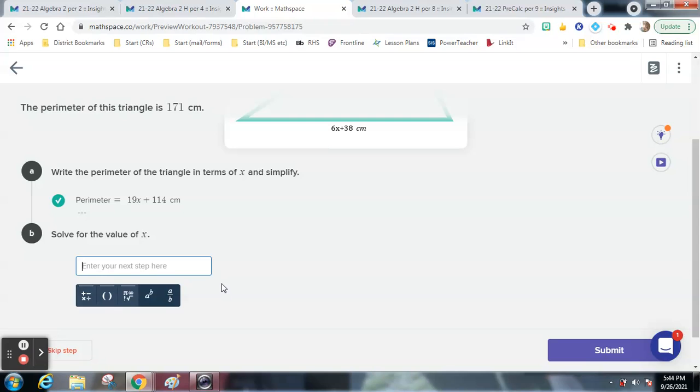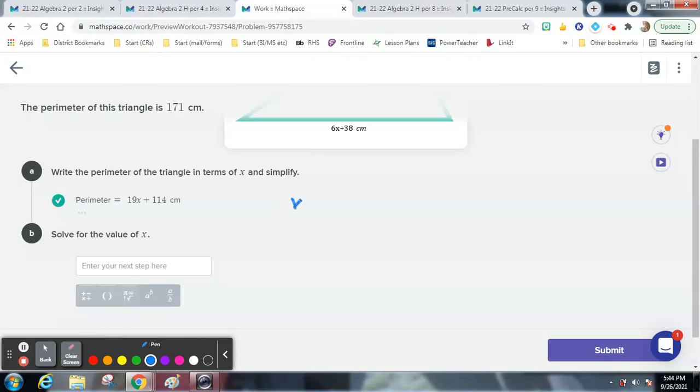Now I can take the 171 and use it to solve, right? I would set up the equation. My pen wants to work. Here we go. 171 equals the 19x plus 114.